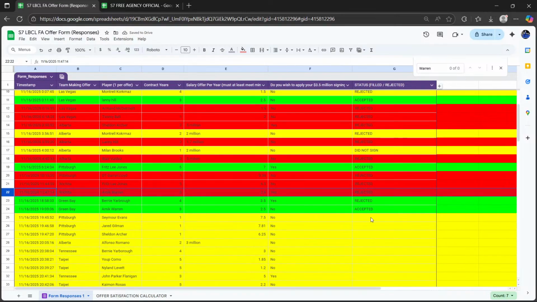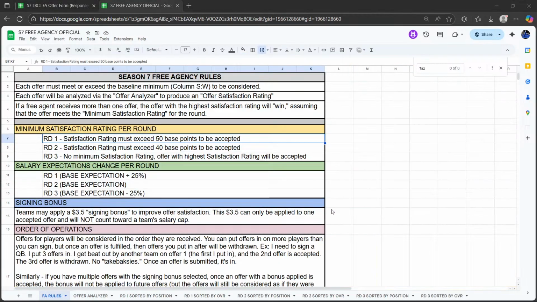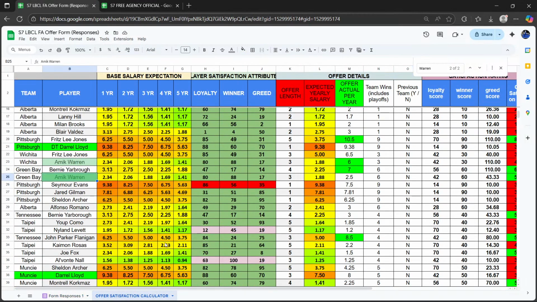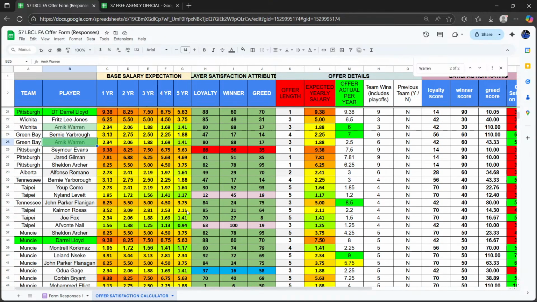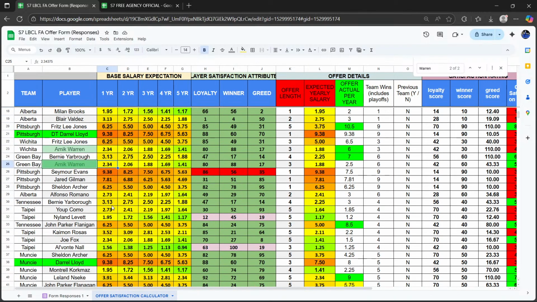On to Pittsburgh. So Pittsburgh, if I'm not mistaken, the offers that you put in yesterday didn't meet the 50 threshold because we're down in this territory.